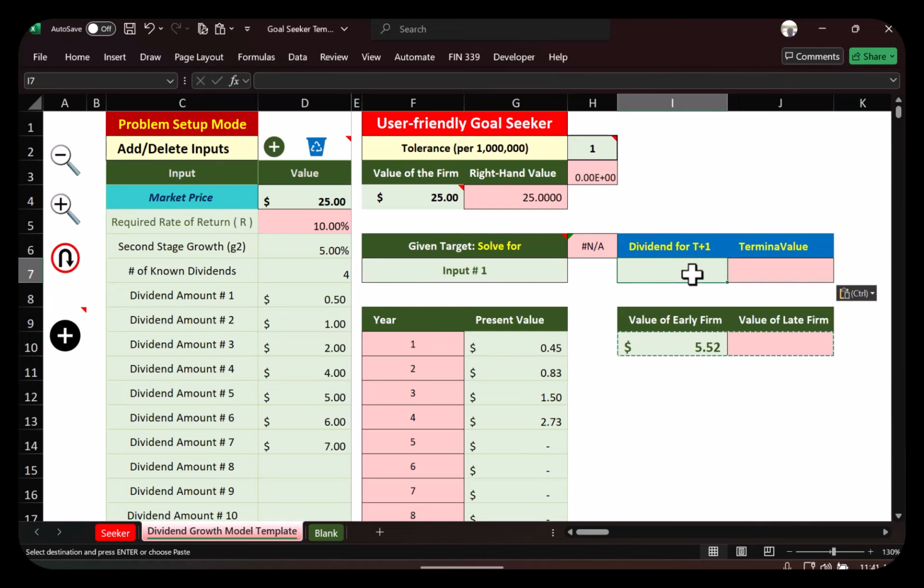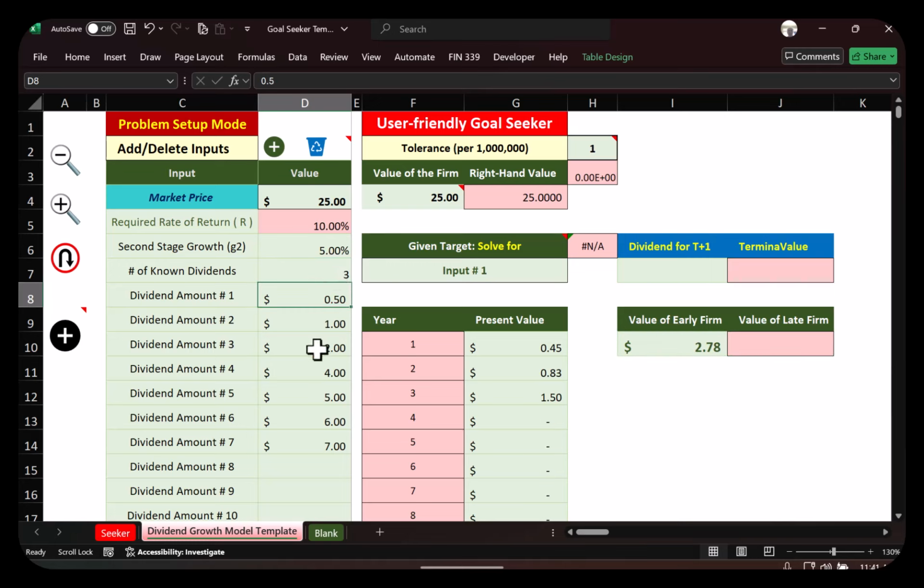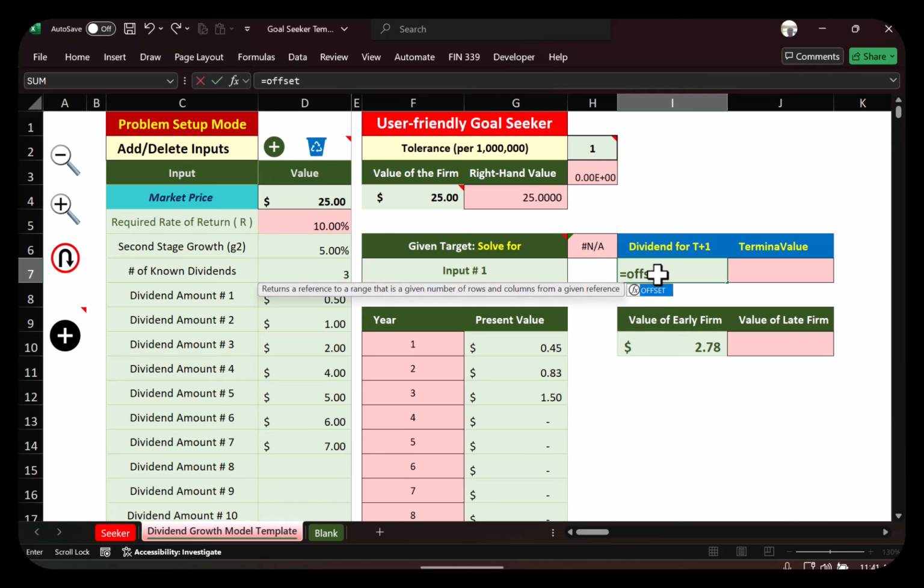So our first task is to figure out what is the next dividend, all right? Well, that depends. That depends upon if this is 4, it's going to be 4. If that is 3, it's going to be 2. So how do I figure that out? Thankfully, in Excel, there's a function called offset. It has a minimum of 3 arguments, okay?